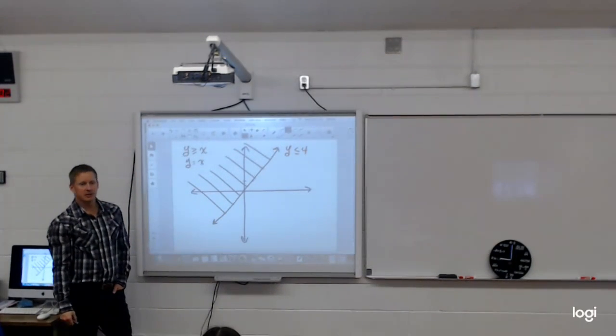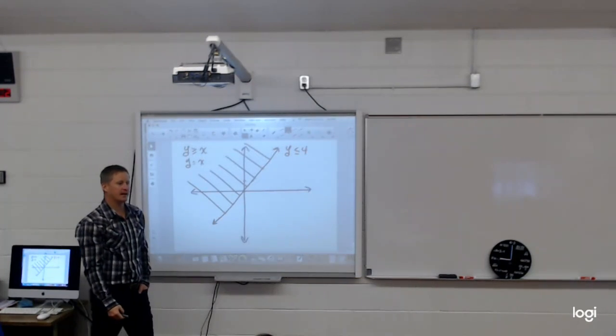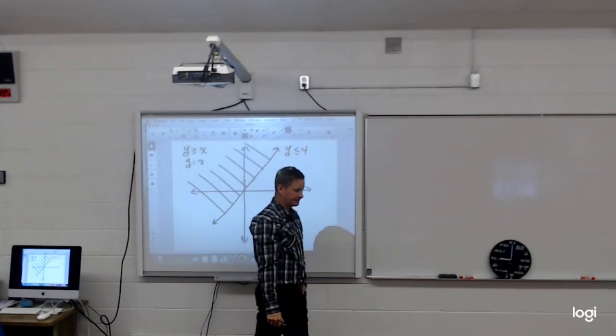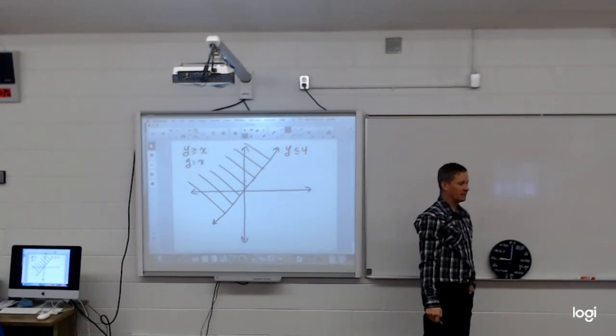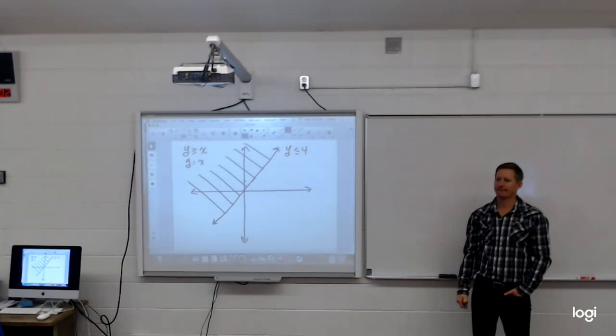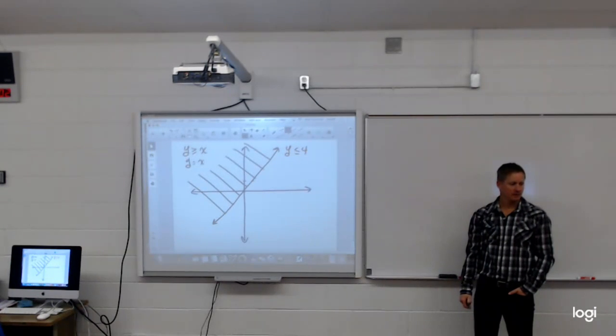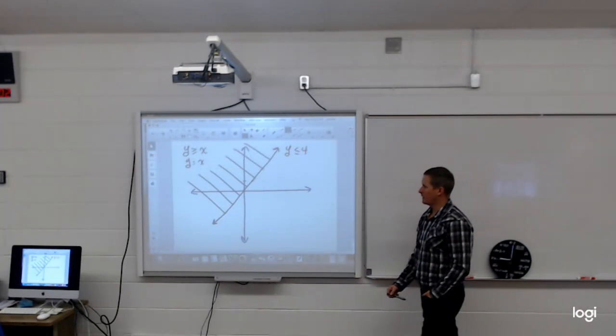Next equation is y is less than or equal to 4. So what does that line look like? Horizontal, meaning horizontal straight across on y equals 4, right?